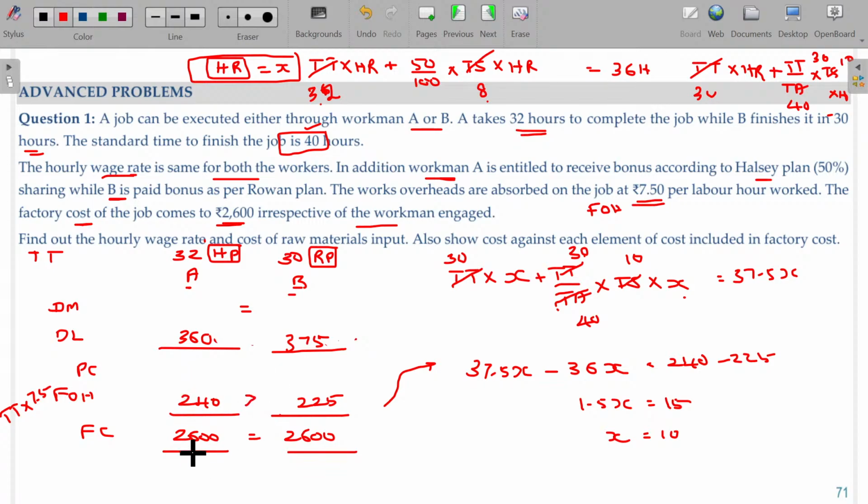Now, by doing the reverse calculation, 2600 minus 240, 2360, 2375. And from that, direct labor is subtracted to get the direct material. That cost is the same. So the savings in factory overhead is now replaced with direct labor additional cost payable to P.